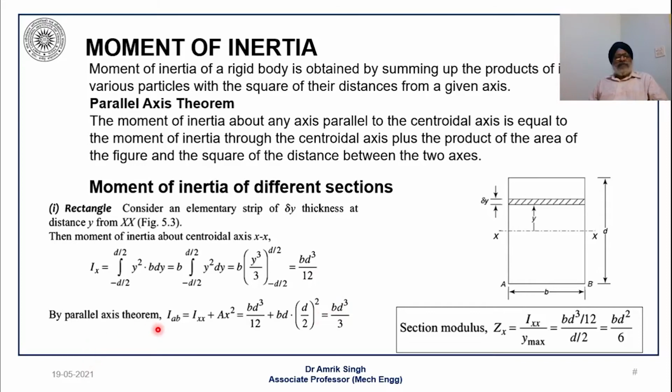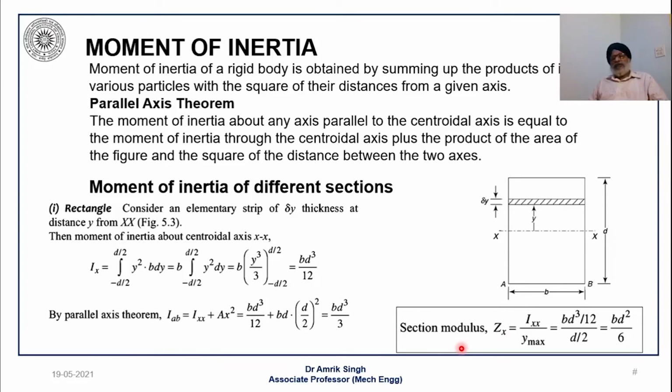By the parallel axis theorem, if you want to calculate about AB, then I_AB is equal to I_XX, which is bd cube upon 12, plus A, the area of this section, into the square of the distance between them, which is d by 2. So this is the distance between the two axes. We can make use of this.